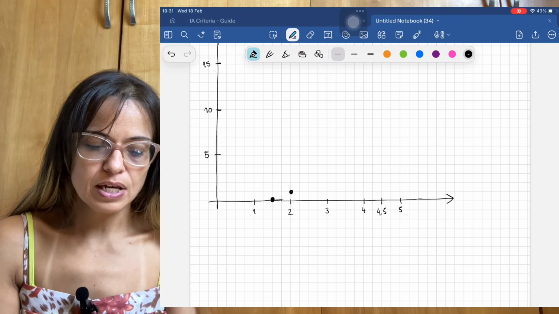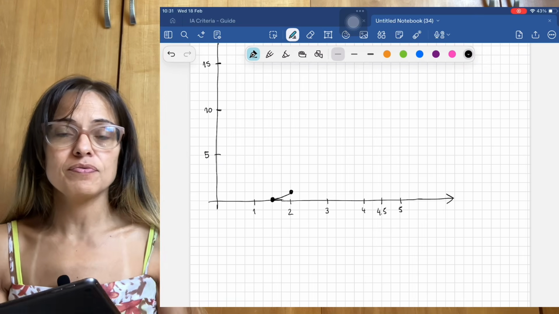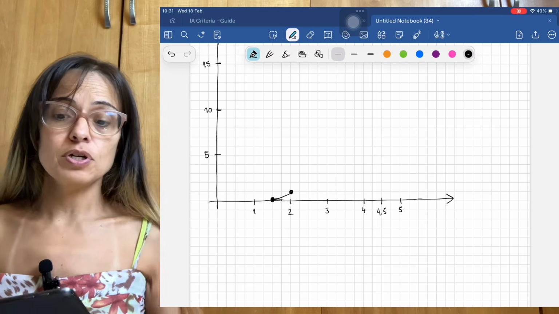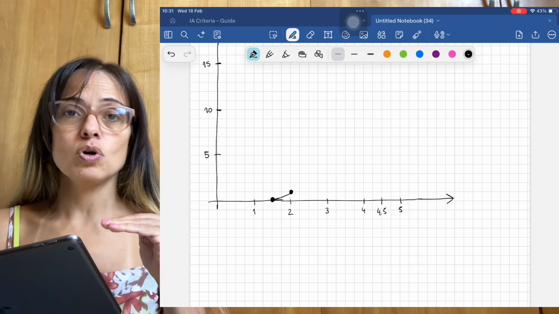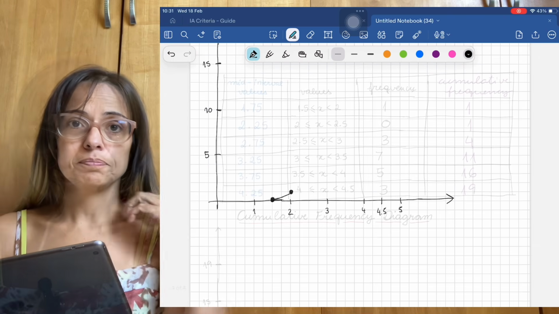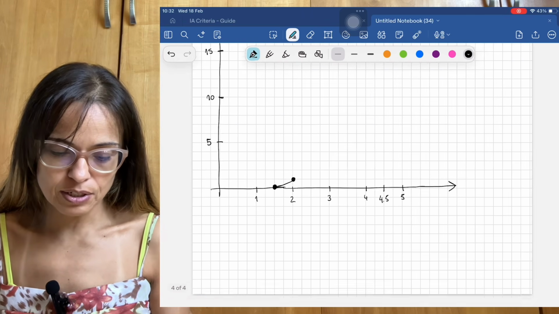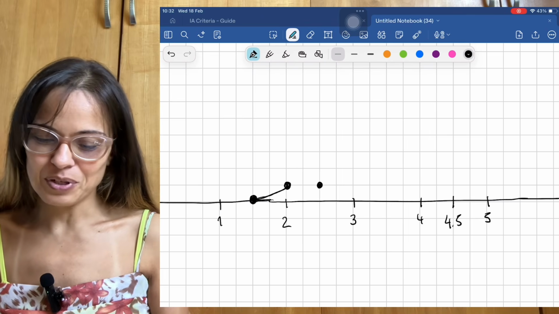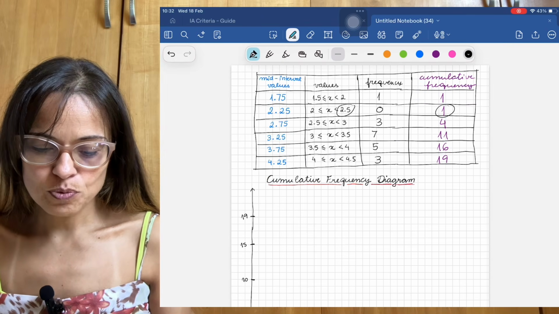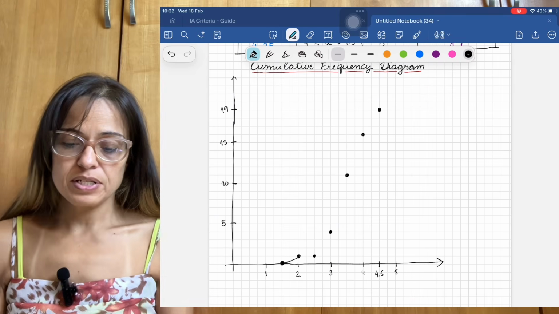I don't know exactly in which part of this interval between 1.5 and 2 the first data point appeared, but it was somewhere in here. So as we go through that interval, we go up from 0 to 1. We're going to stay at 1 until 2.5. That is a little bit unusual for a frequency diagram, but that's okay. That's what happened in this one. So the next point is 3 and 4. And then I've put all the other points here.